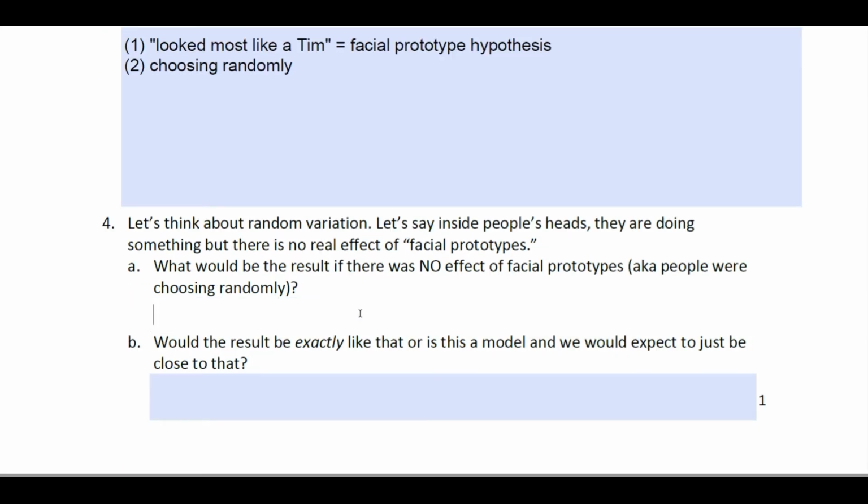So hopefully it makes sense that, if everyone's choosing at random, then I would expect about, maybe not exact, but about 50% to choose the person on the left, and about 50% to choose the person on the right. Because there's no reason for anybody to pick more of one or the other, we would expect people to pick them fairly evenly.